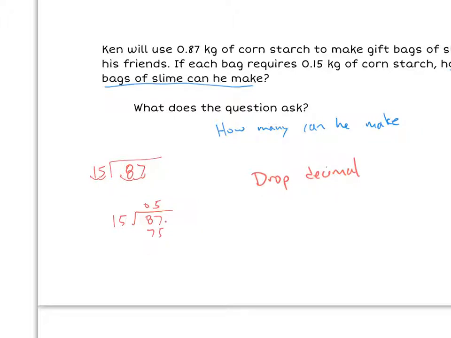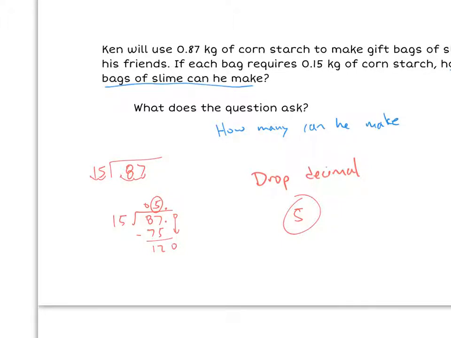My decimal goes up here. I subtract, I get 12. Bring down my 0, 120, and we keep going. But in this case, I don't care about the decimal, because how many full bags can you make? 5. So once you get your whole number, you just have 5.